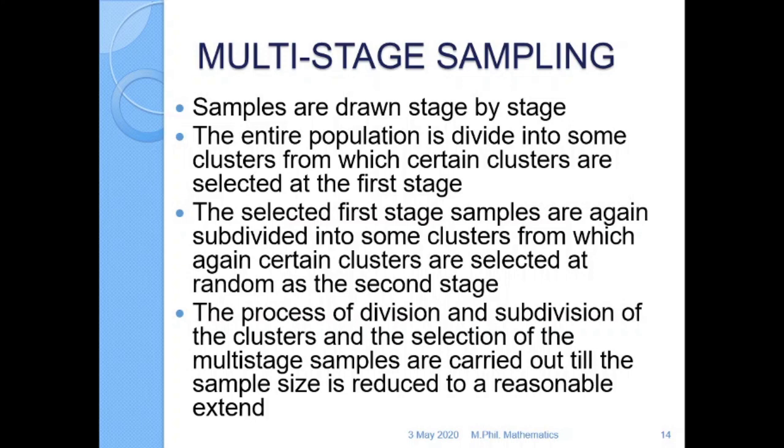Another example of a probability sampling technique is multi-stage sampling, in which the sampling is done in multiple stages. The entire population is divided into clusters. The clusters are again subdivided, and the process of division and subdivision of clusters and the selection of multi-stage samples are carried out till the sample size is reduced to a reasonable extent.